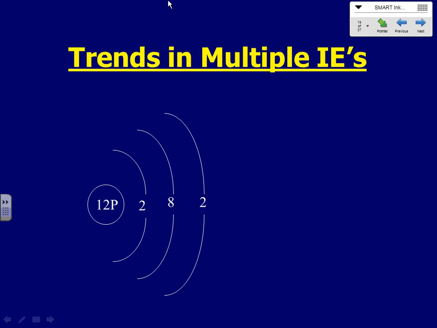And what we want to talk about now is what happens as we keep taking electrons off of the same atom. What happens to the energy needed to take those electrons off as we keep pulling? The example we're going to use here is 12. So we're going to be using magnesium. So you can write that down there. And we'll talk about what the first ionization energy is and how much energy it takes to take it away.